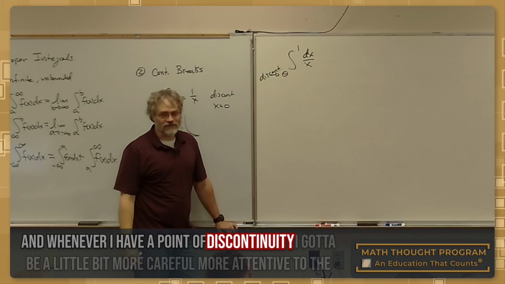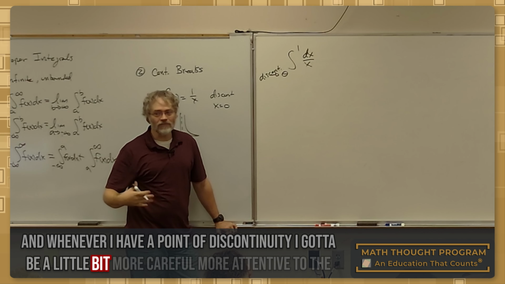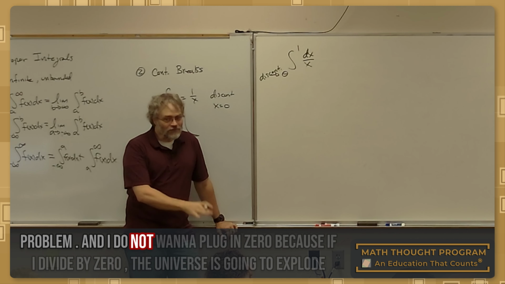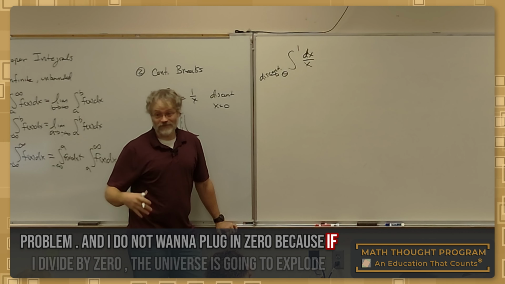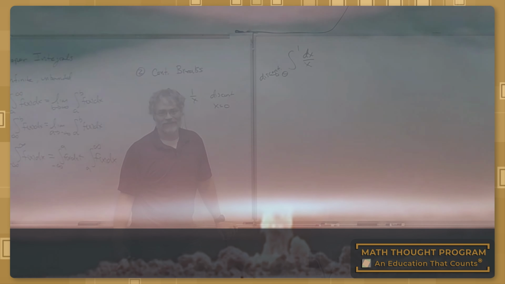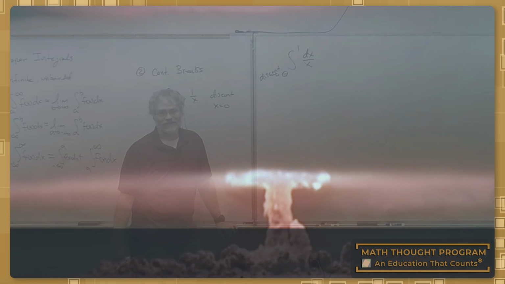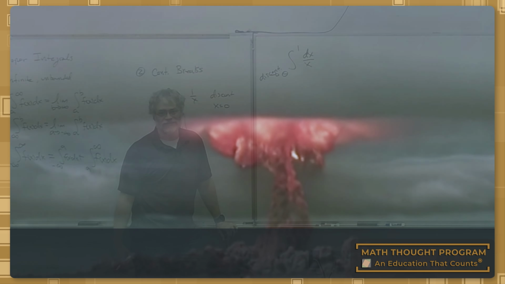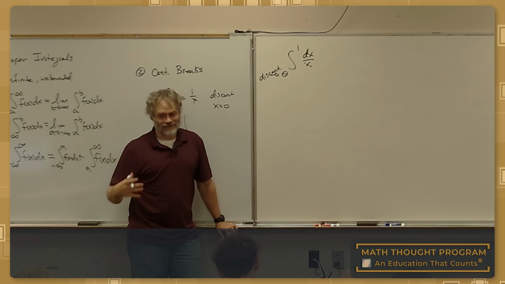And whenever I have a point of discontinuity, I got to be a little bit more careful, more attentive to the problem. And I do not want to plug in 0, because if I divide by 0, the universe is going to explode. You don't want that.